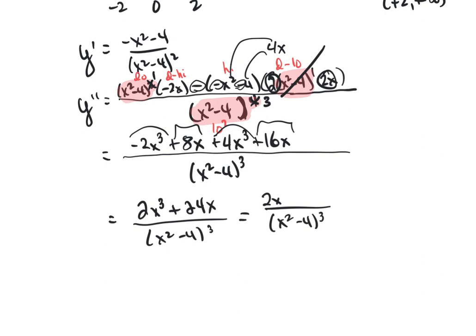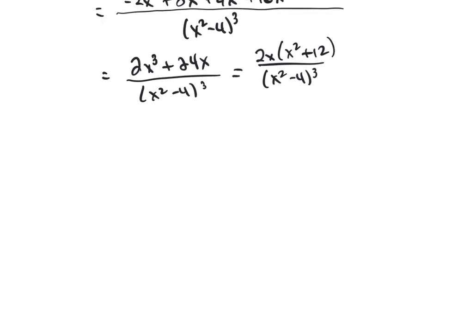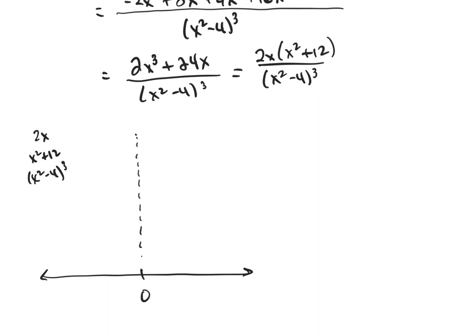So I'll take a 2x out of the first and a 2x out of the second. Right, and I think that'll make the sign analysis for concavity a little bit nicer. So now I'll have a 2x, I'll have an x squared plus 12, and I'll have an x squared minus 4 cubed.